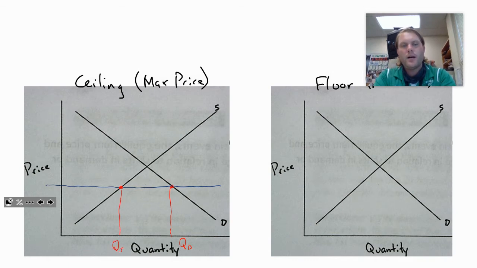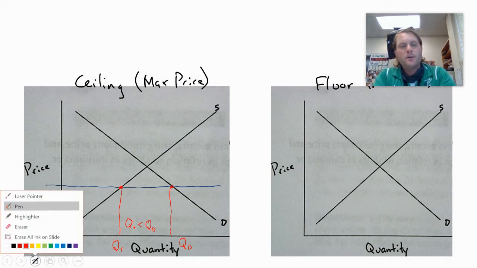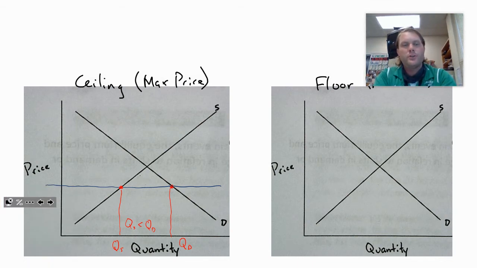Our quantity supplied is down there. Just like with our shortage graph, our quantity supplied is less than our quantity demanded. Now many more people can afford to live there, and so it creates this shortage of goods. And now people have to wait a long time to be able to move in, in some cases in New York City, when they're paying rent.